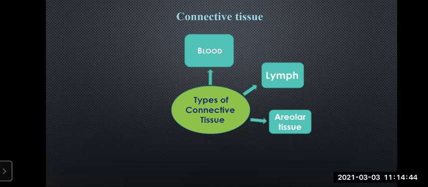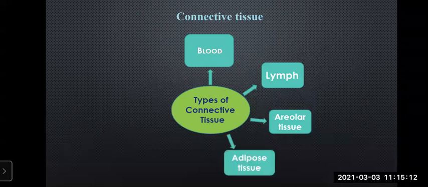Because of this, it has rigidity, and it supports the different tissues and organs in our body by providing support or rigidity to that organ. It also contains macrophages and fat cells, which help in fighting microorganisms, the disease causing agents.